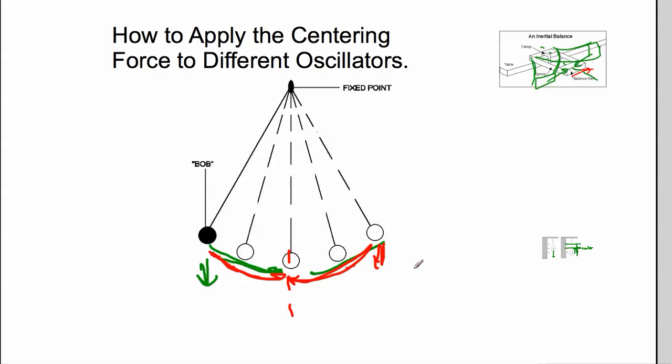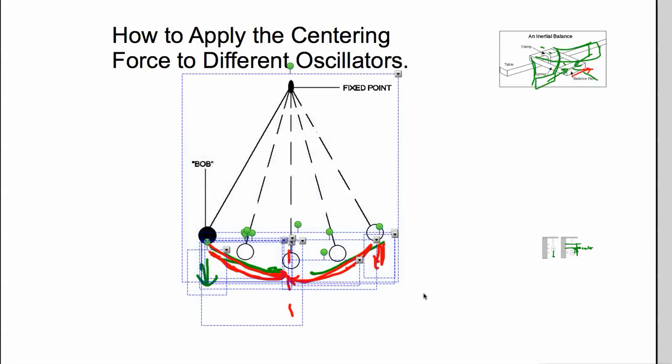Now, the interesting thing that we noticed is that with more mass, or with more centering force, we ought to get back to the center quicker. In fact, let's go back and look at our inertia balance to examine that for a second.